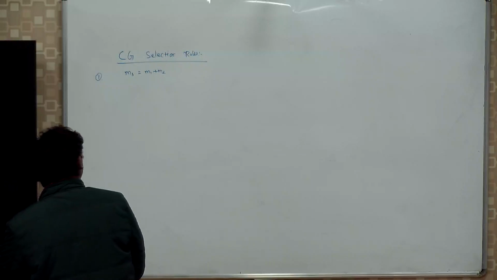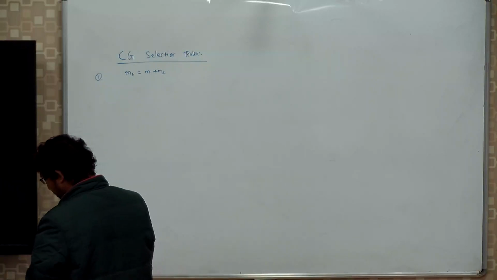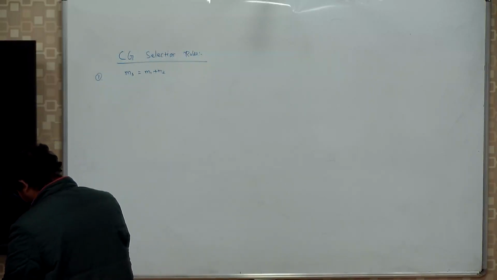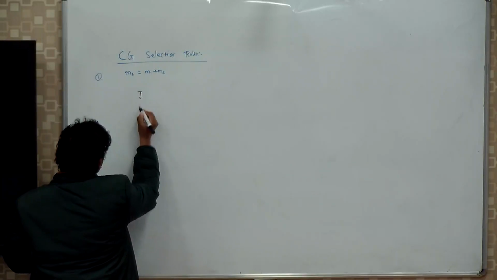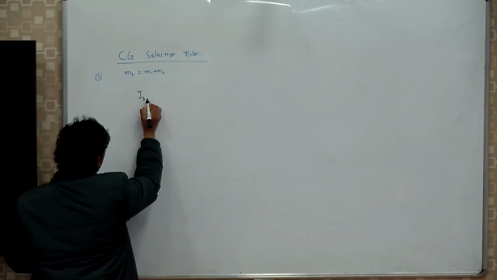Okay, so M3 is equal to M1 plus M2. So where is the proof we have to discuss? For taking the proof, I am starting from the operator.